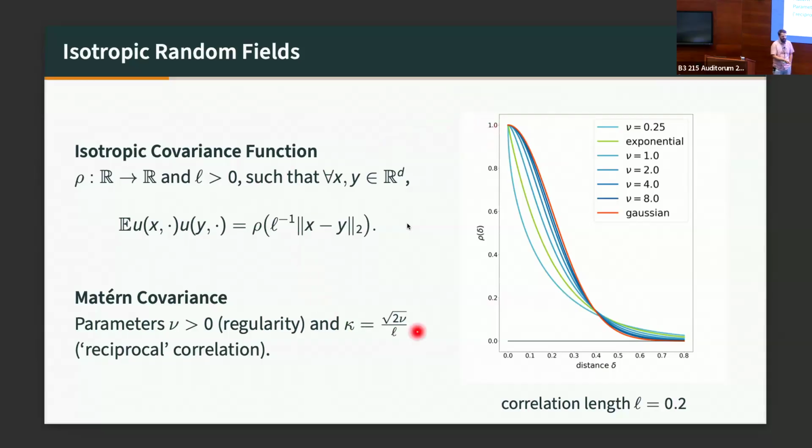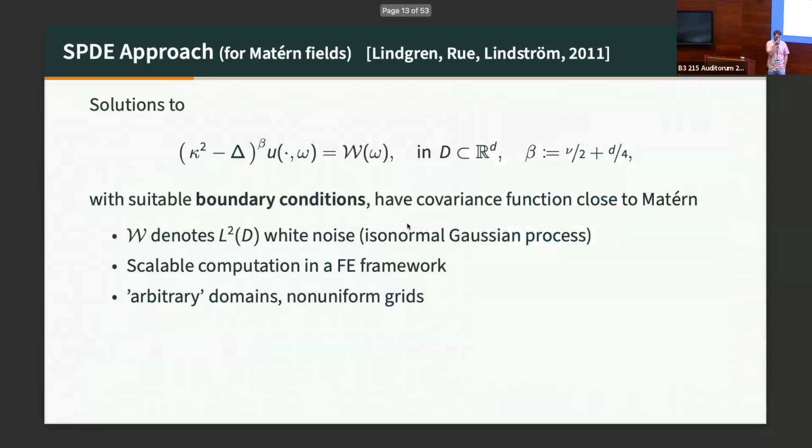An important parameter derived from nu and lambda, from the smoothness parameter and the correlation length scale, is also kappa, the reciprocal correlation length, because there's also a link to the stochastic PDE, the SPDE approach for sampling random fields. And the person who developed it is actually here at KAUST. And I met him the last time I was here.